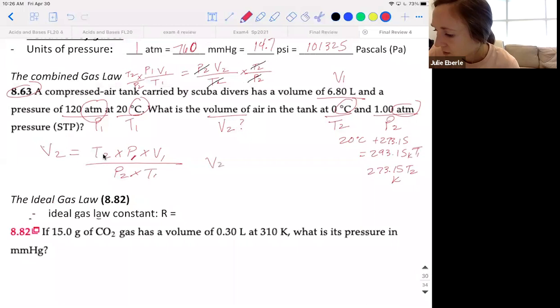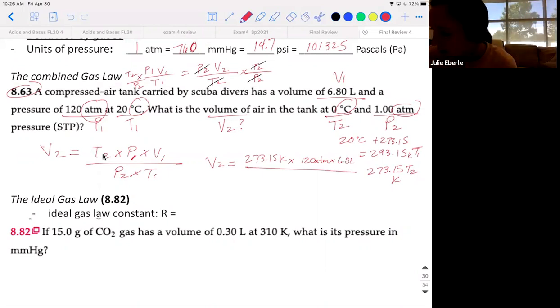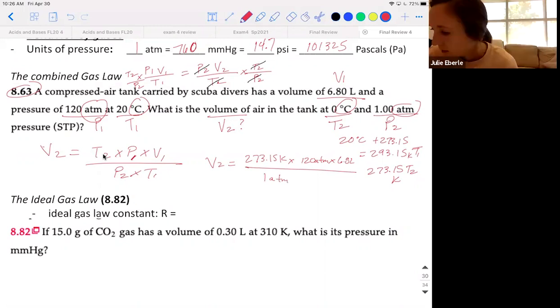So now V2 is going to equal 273.15 Kelvin times 120 atm times 6.8 liters, divided by 1 atm times 293.15 Kelvin.